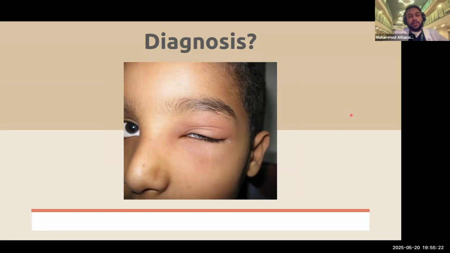This one is a patient who went outside. It's very windy outside. It's spring and there's a lot of pollen in the air. Later on comes back inside and has a swollen eyelid. What is this?